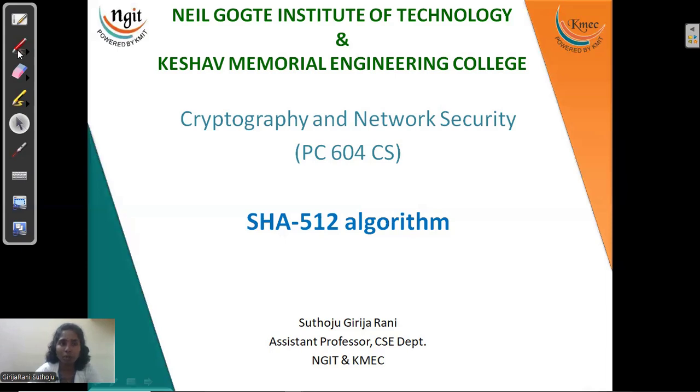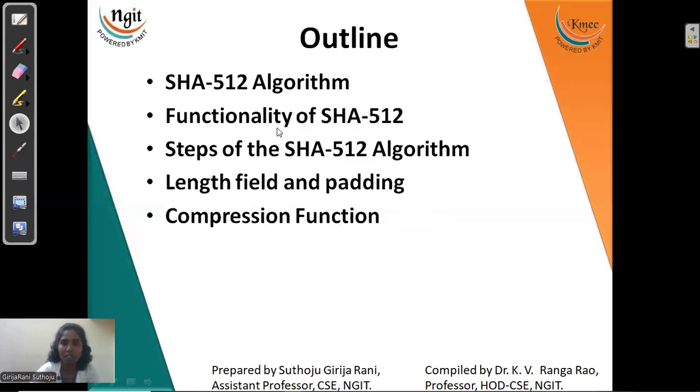Now let us move on to the SHA-512 algorithm in detail. Here we are going to see the outline, starting with the introduction. Then we will see the functionality, including a few steps of the algorithm with a diagram, where we can see the top view and also the internal structure of the SHA-512 algorithm in depth.